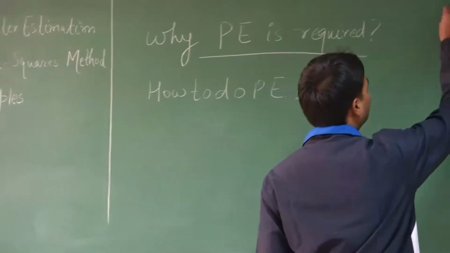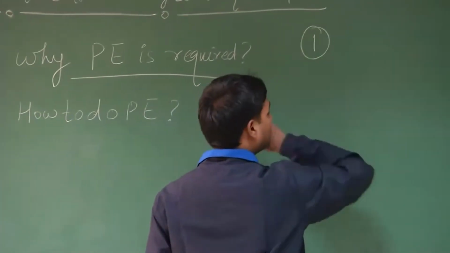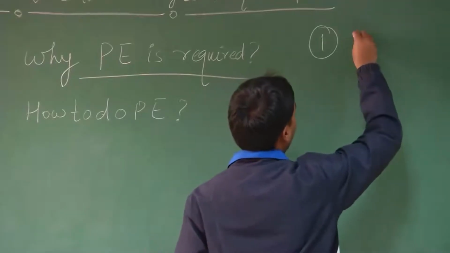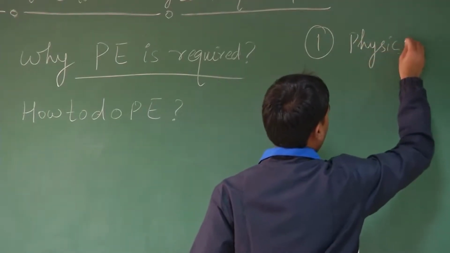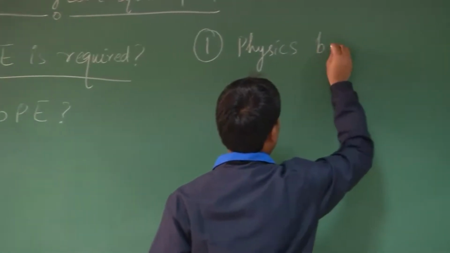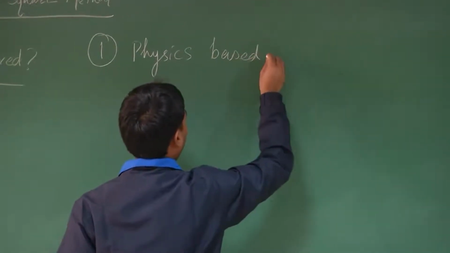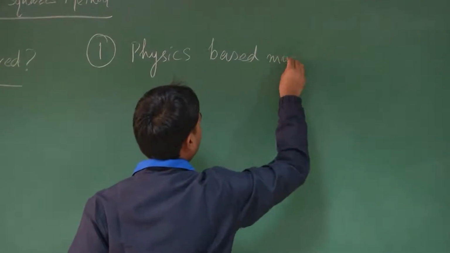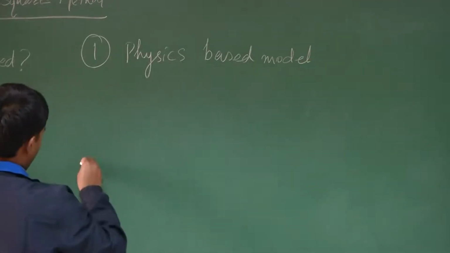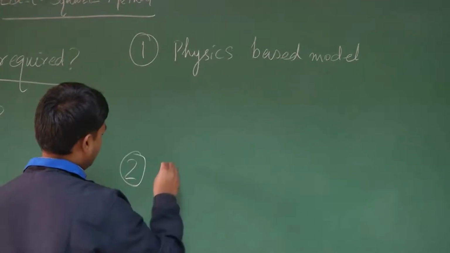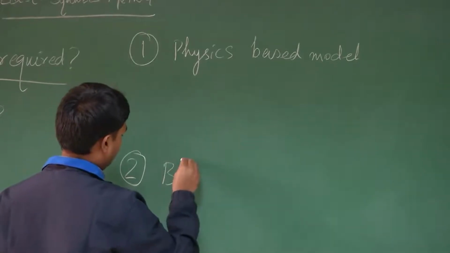So first type is called phenomenological model, which can also be called like physics-based model, right? And then next is your black box model.